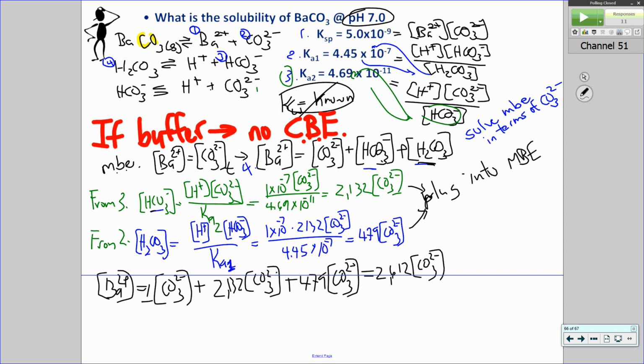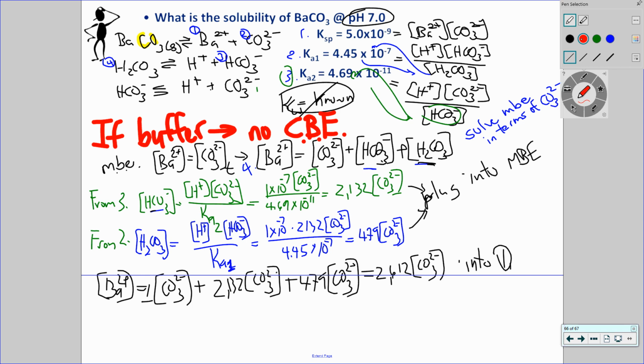All right, so now I can take this, go back to the KSP expression. So into equation number 1, which is our KSP expression. It's easy to forget what you're looking for. I'm looking for solubility. I'm going to solve it in terms of barium, because that's the only thing that doesn't change on this.